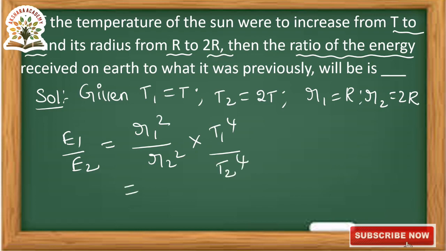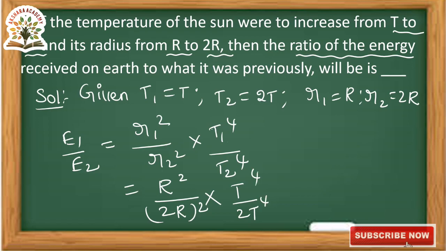Substituting R1, R2 and T1, T2 values, R1 is R square, R2 is 2R whole square, T1 is T and T2 is 2T whole to the power of 4.